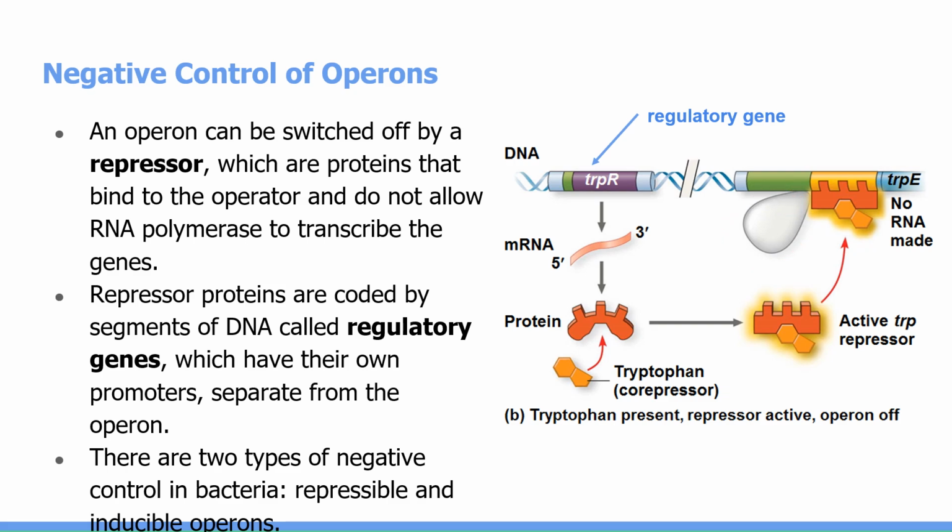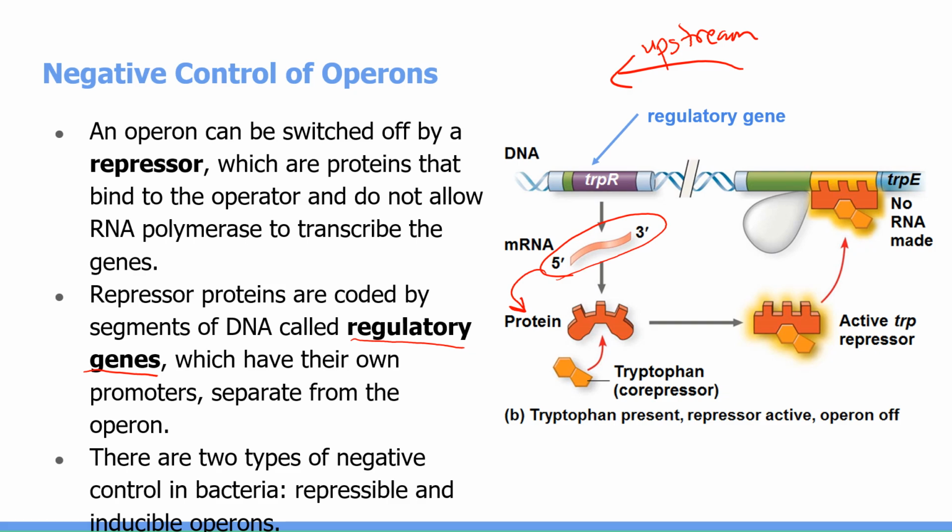The repressor protein actually gets produced upstream of the operon. These are called regulatory genes, and these regulatory genes create that mRNA, which creates that repressor.